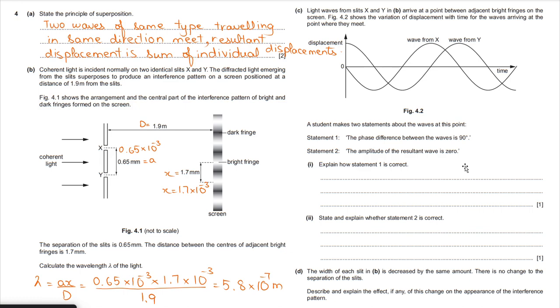Figure 4.2 shows the variation of displacement with time for the waves arriving at the point where they meet. So we have two different waves, wave X and wave Y. Student makes two statements about these waves at this point. The first statement is the phase difference between the waves is 90 degrees. Okay?